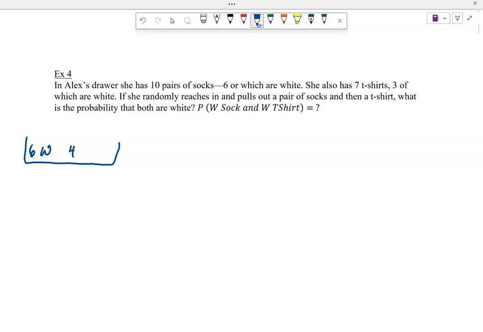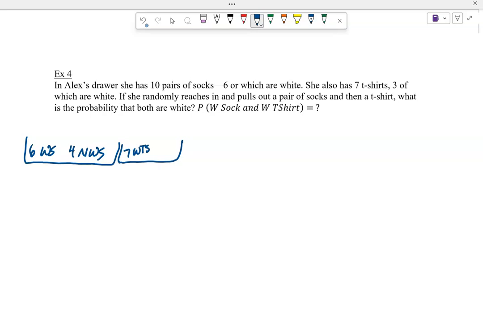So the other ones are not white socks. Maybe I'll put socks, not white socks. Same drawer, she's got 7 t-shirts. So I'll do it this way. 7 t-shirts, or let me do white t-shirts.